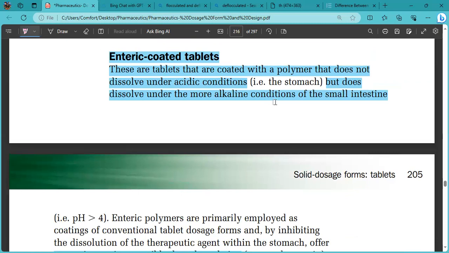Enteric coated tablets are specifically designed to release the therapeutic agent only after they've reached the small intestines. The coat they've put around the tablet cannot be dissolved in the acidic conditions present in the stomach.